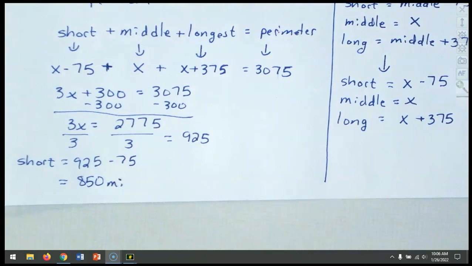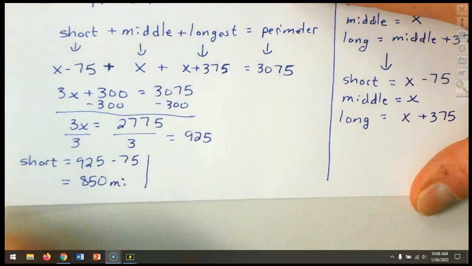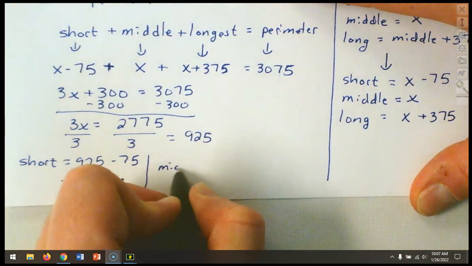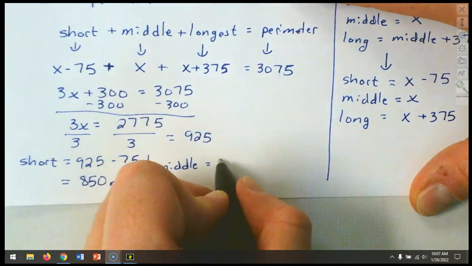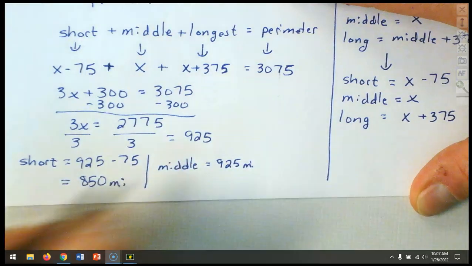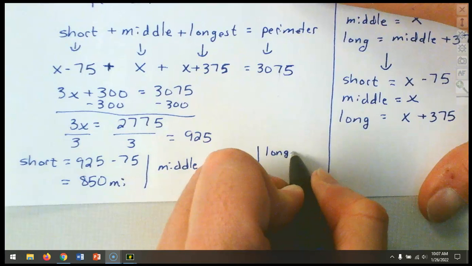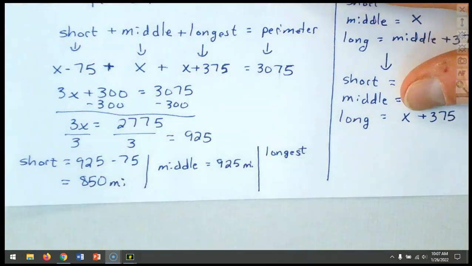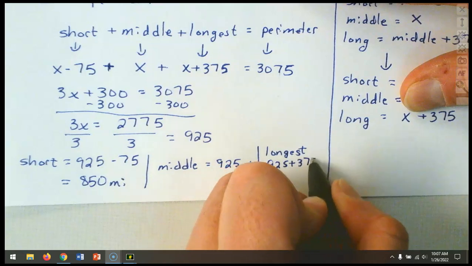So there's the first piece. Then we need the middle. The middle's already done. The middle's x, so that's just 925 miles. And then what about the longest one? 925 plus 375.